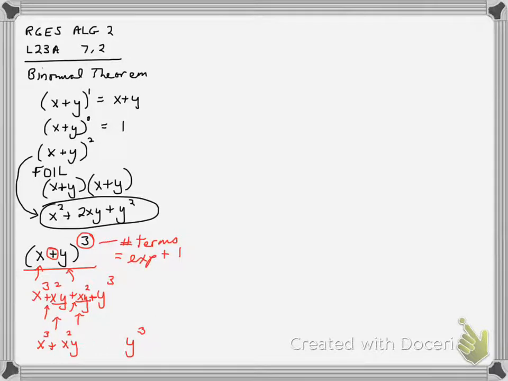Hang on. I want to leave room for the coefficient. Down with the x and up with the y, plus 1 down with the x from the previous term, up with the y, plus, and there is no numerical coefficient at the first one or the last one.